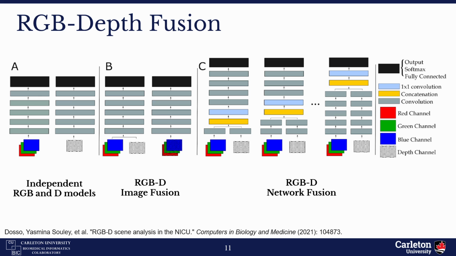Then in panel B, we used two different image fusion techniques where the depth data is either concatenated with the RGB data or imputed as a composite of RGB data to scale it by the depth distances. Finally, in panel C, both RGB and depth data were leveraged directly into the network at different layers.